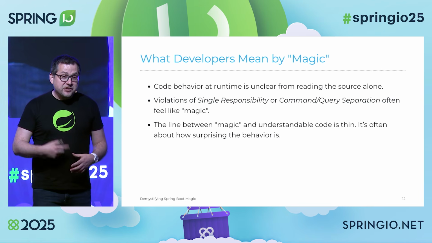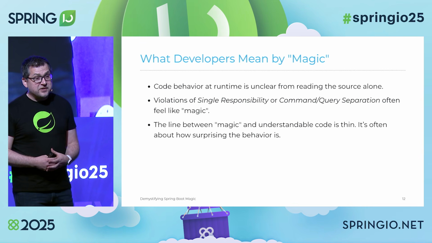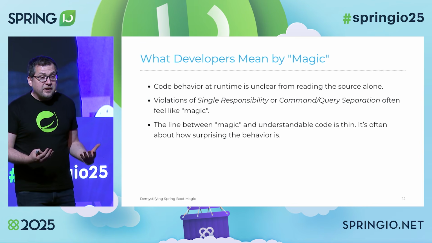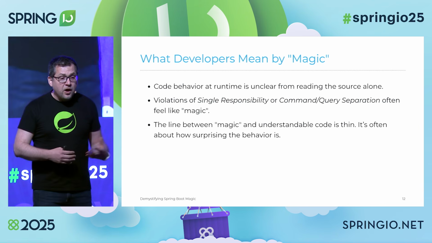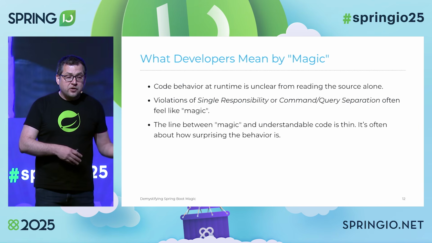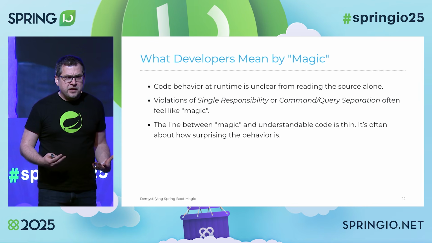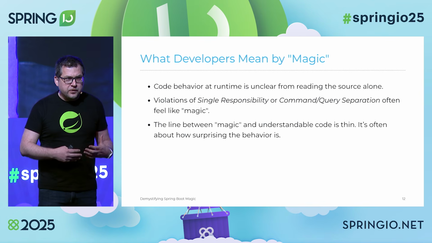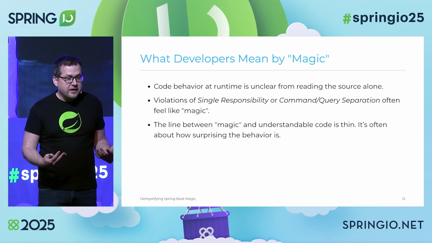Sometimes you and your colleagues wrote some code, maybe you violated some patterns. Certain things look strange, and you violated maybe the single responsibility principle, or maybe the command query separation very often. And just because you did the naming wrong, things look strange. Sometimes you don't know what to expect, and that means it feels like magic, right?